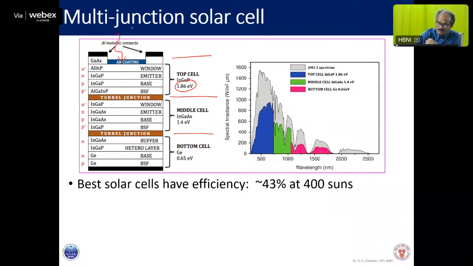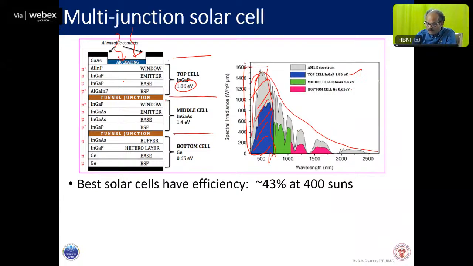When light falls from the top, this is the entire spectrum falling on it. 1.86 eV corresponds to somewhere here, so this entire part will be absorbed in this solar cell, and accordingly it will give a certain electrical output.